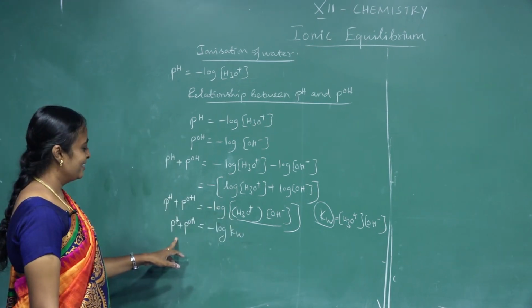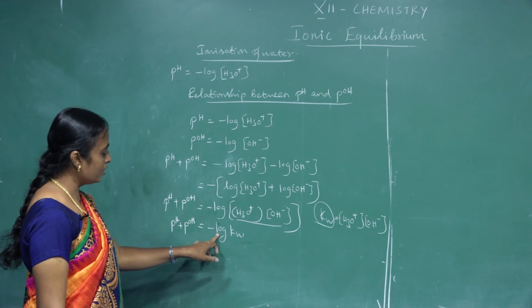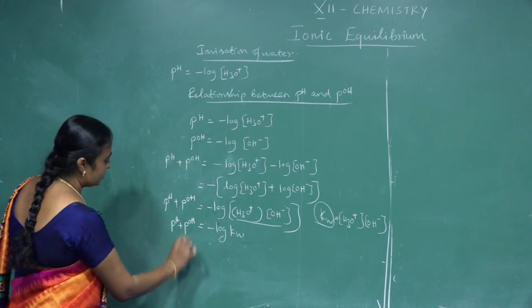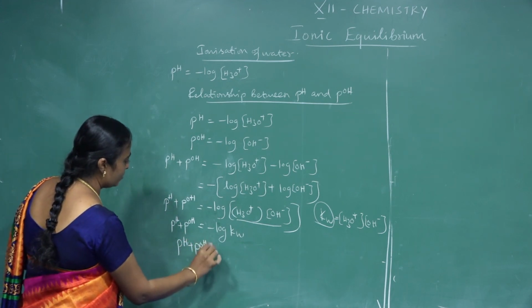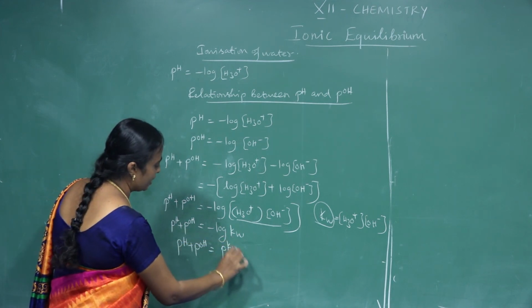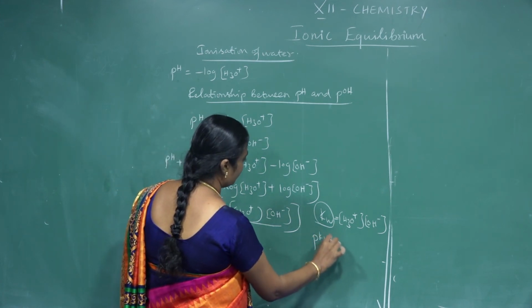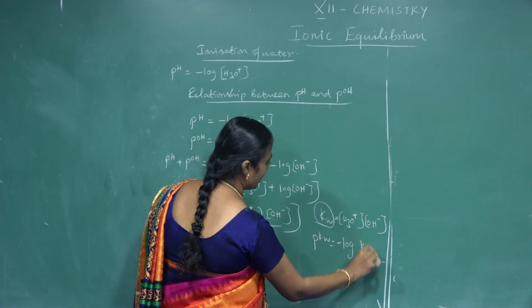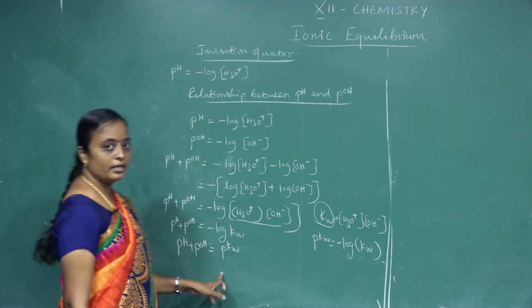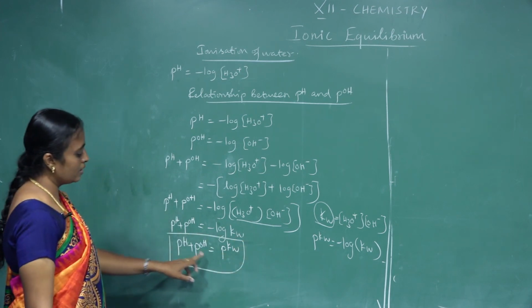This minus log Kw I will call pKw, where pKw is equal to minus of log of Kw. So we have one relation: pH plus pOH equal to pKw.